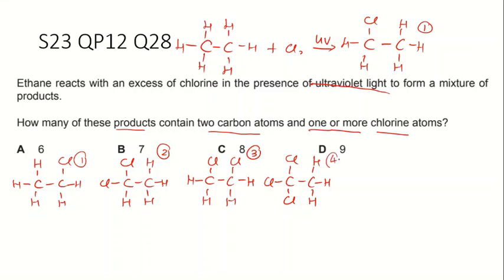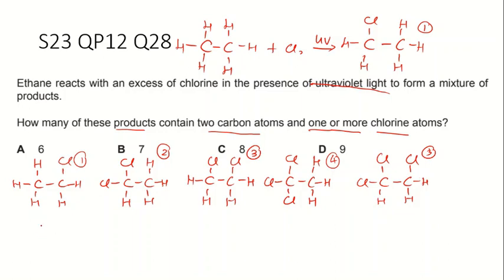This is product number 4. Now I want to distribute the chlorine to 2 different carbon atoms. Still 3 chlorines. So number 4 and number 5 are different compounds. This is 1,1,1-trichloroethane. This is 1,1,2-trichloroethane. They are different products.